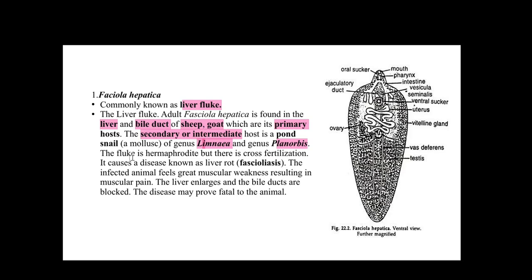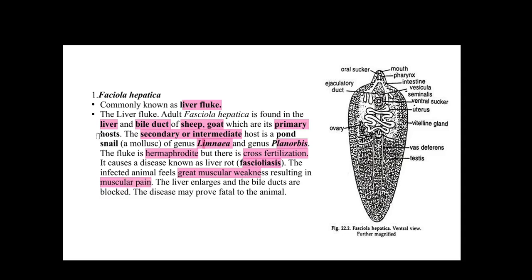The liver fluke is hermaphrodite, again bisexual. Both male and female organs are present in the single body. Cross fertilization is present, and the disease caused by Fasciola is fascioliasis. The animal which is infected with fascioliasis feels great muscular weakness resulting in muscular pain.